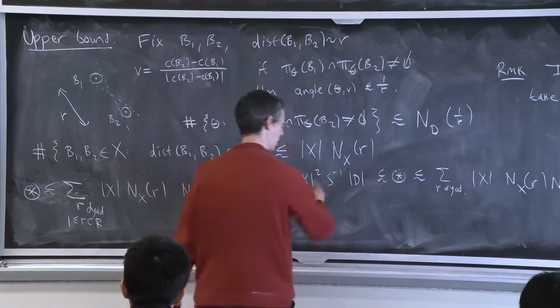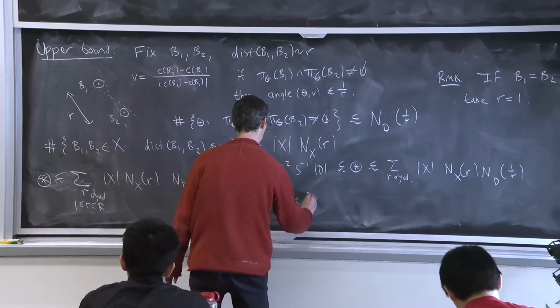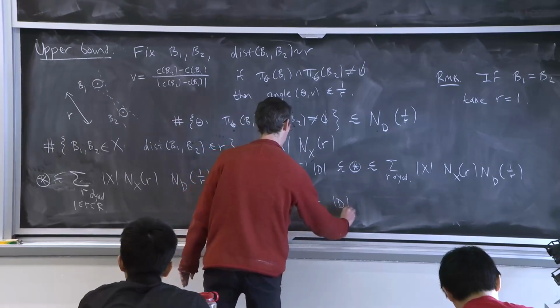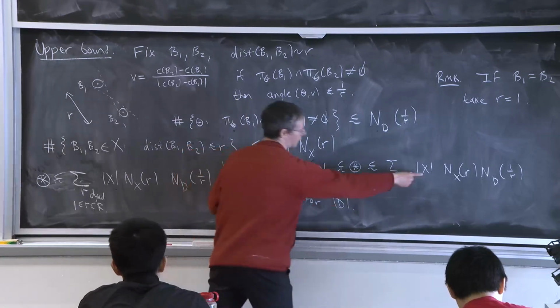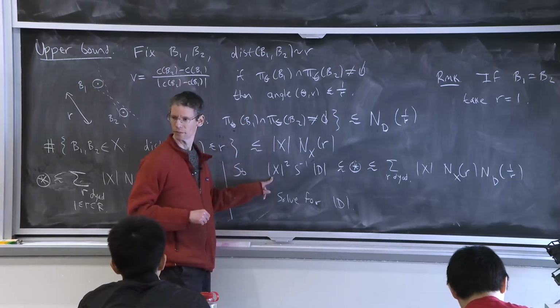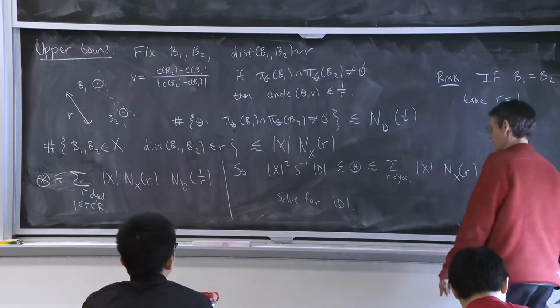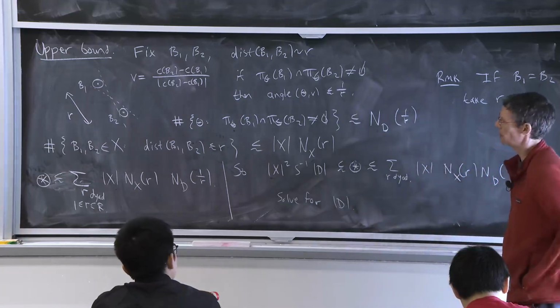And then I just get the d by itself. If you move this stuff over to the other side, you get the formula on the board. OK, so let's pause there for questions and comments.